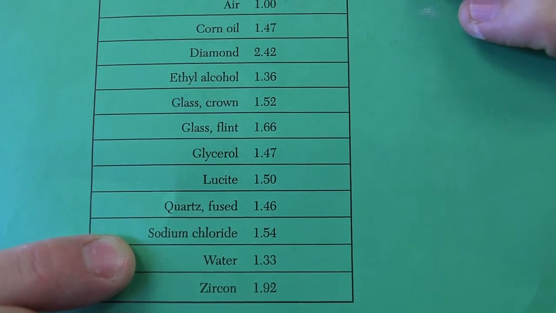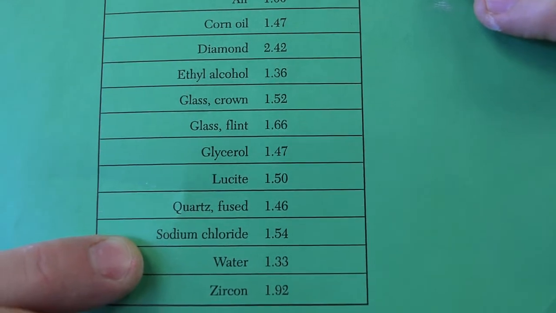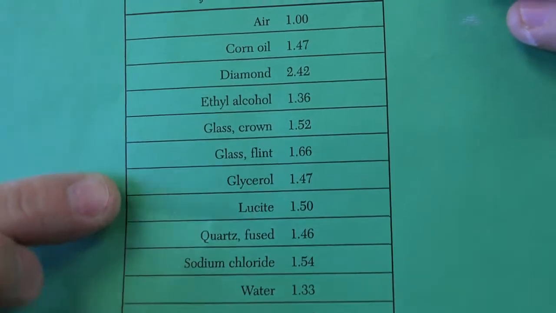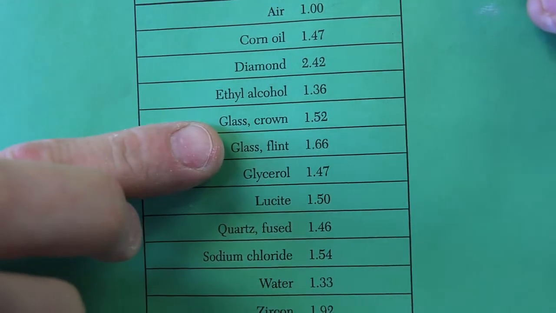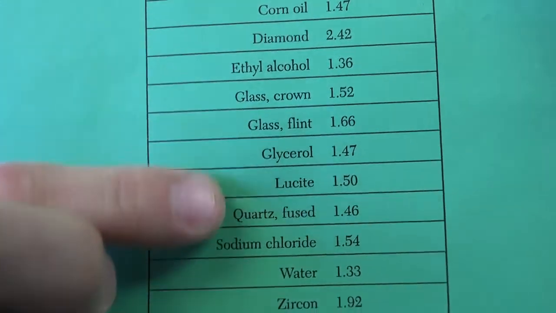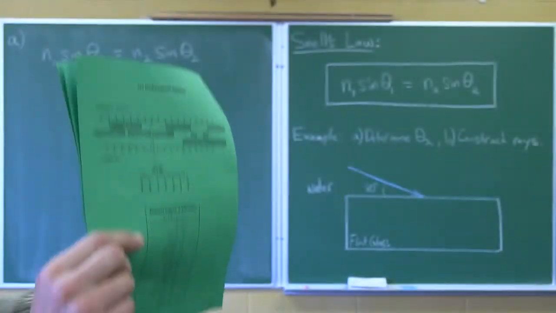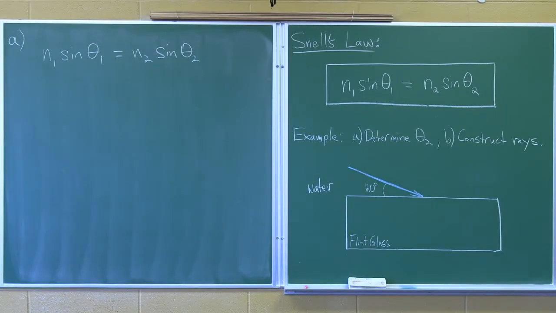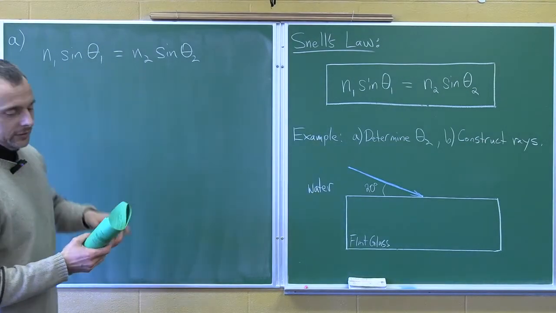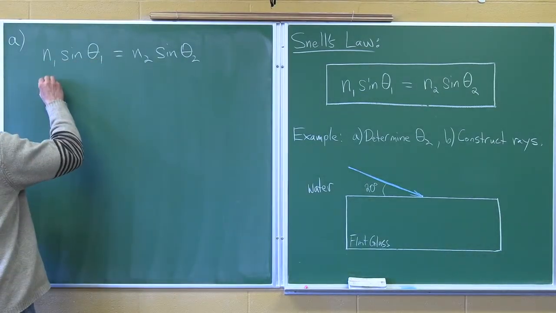And by the way, while I'm here, we also need the index of refraction of flint glass. So we look here and we see glass comma flint, 1.66. So those are the two values, 1.33 and 1.66, that we're going to use in this problem. So again, most of the time, unless you're solving for one of the indices as an unknown, you look these up on the reference table. So let's go ahead, 1.33.